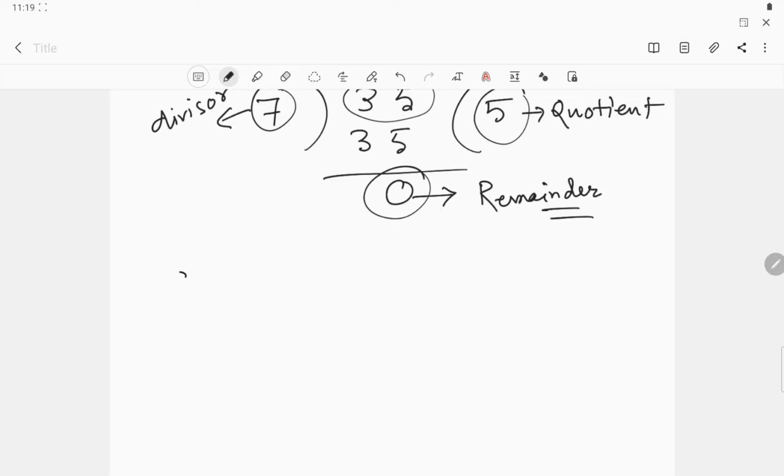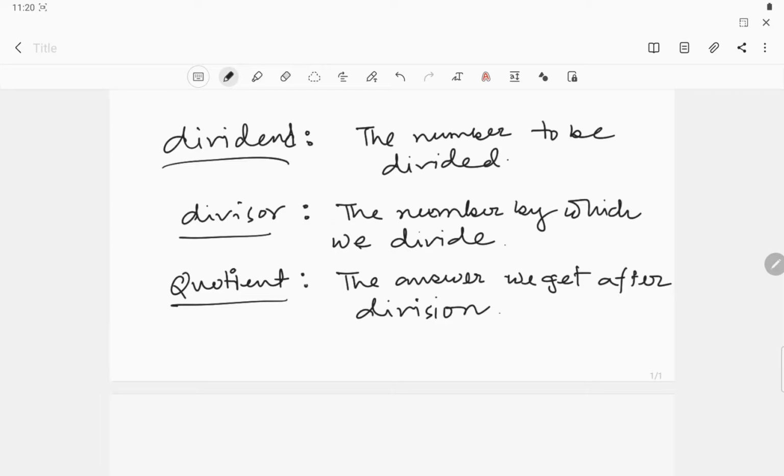So what do you mean by dividend? Dividend means the number to be divided. Here in this question, 35 is the dividend. Divisor, the number by which we divide. Quotient, the answer we get after division.